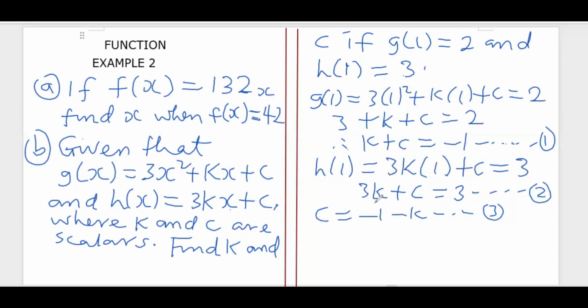So from here we have 3k plus c. Instead of writing c back, this is the result for c here. We say -1 minus k, so equals 3. It is this equation we want to quickly solve now. Let me continue from here.